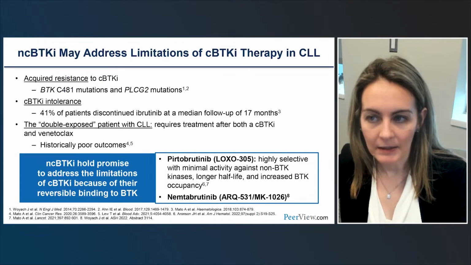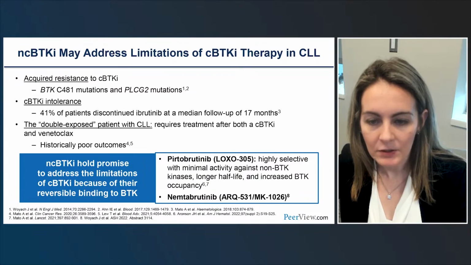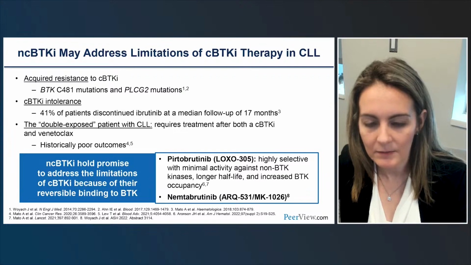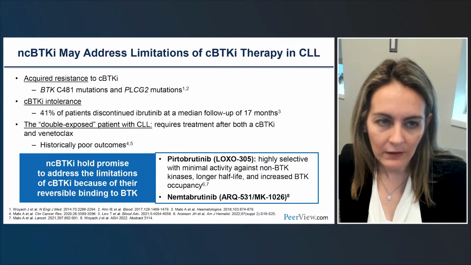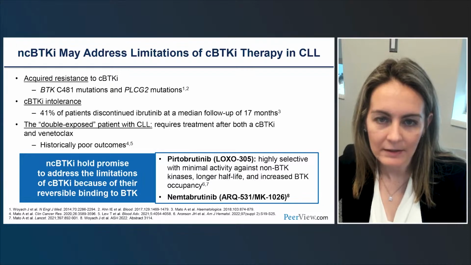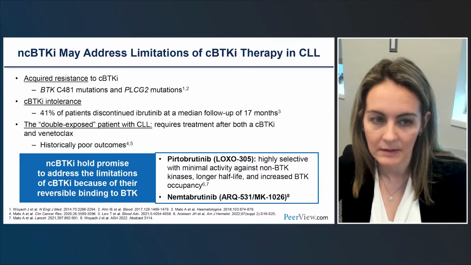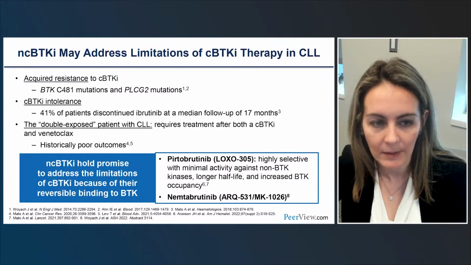Non-covalent BTK inhibitors were developed, including pirtobrutinib, which we'll talk more about in this presentation, and is now approved for clinical use. And then there are others in clinical trial, including nemtabrutinib. These non-covalent BTK inhibitors may address some of the limitations of covalent inhibitors, including resistance and intolerance that we just talked about.